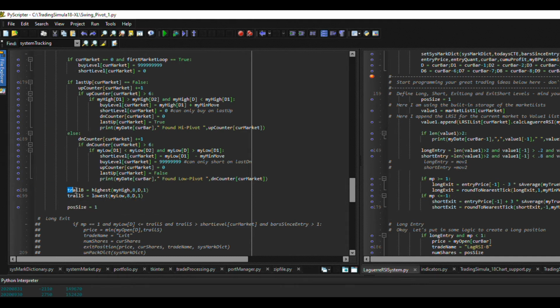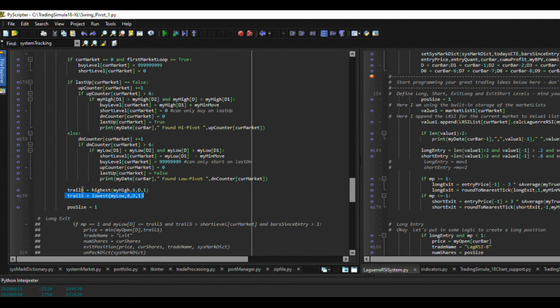I want to get out of a short position if the highest high of the last 8 days is penetrated, and I want to get out of a long position if the lowest low of the last 8 days is penetrated before I have entered into an opposite position based off the pivot points.